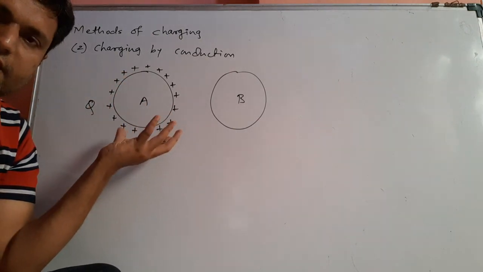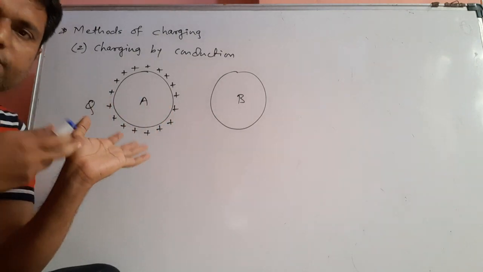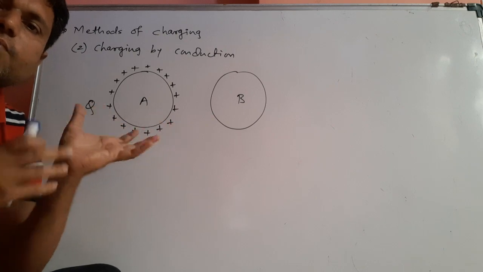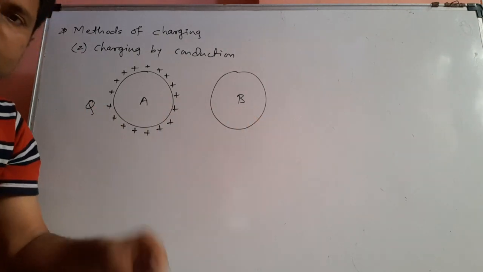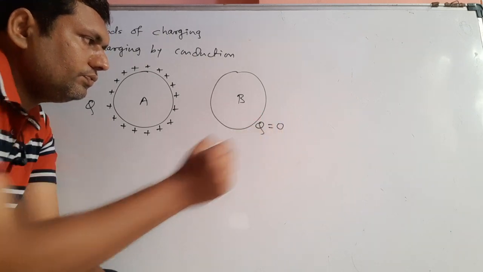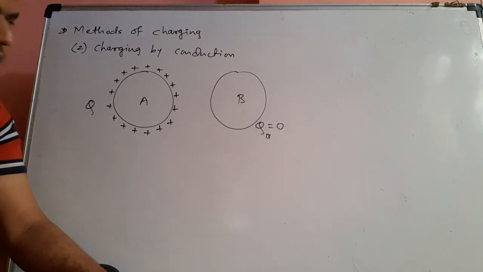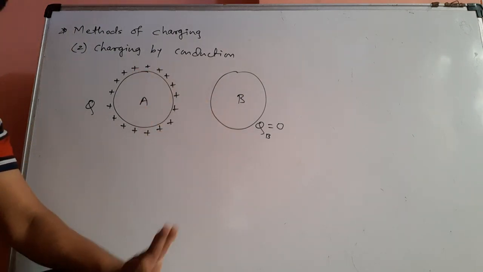When we are taking one body, it is initially charged, and here we are taking that it is positively charged. The second one is, suppose, uncharged. Charge on it is 0. It means charge on B is 0. So it is uncharged.